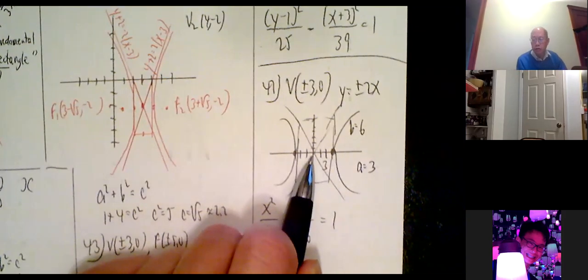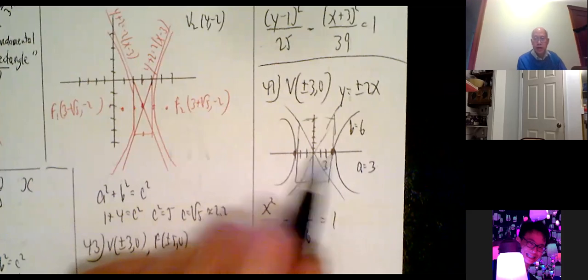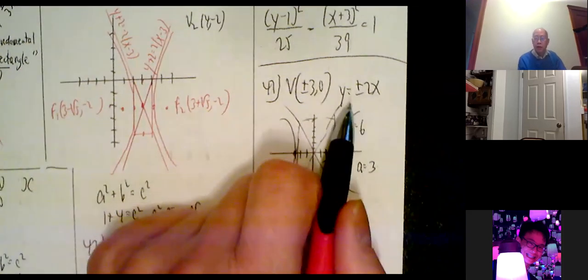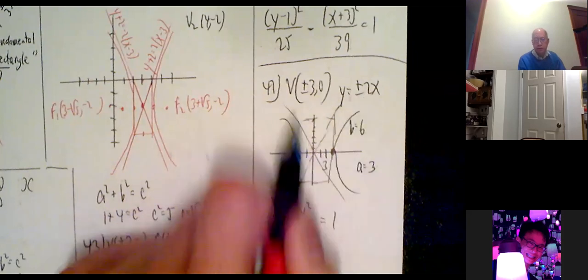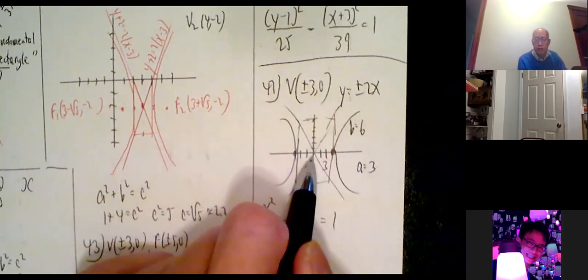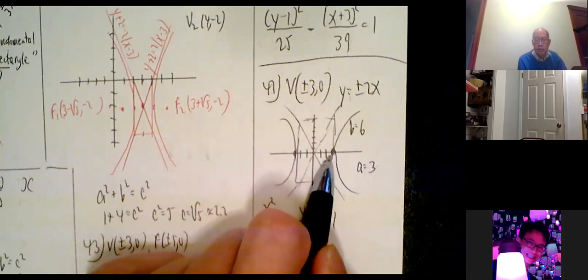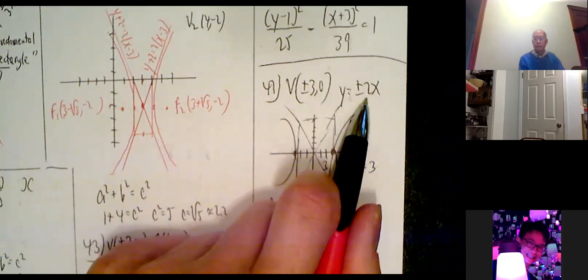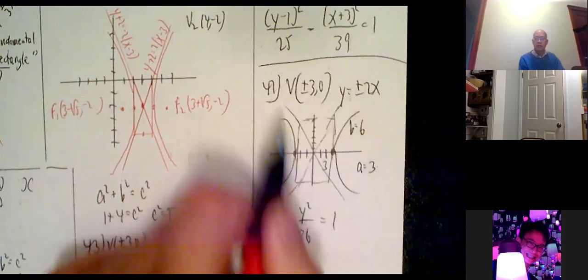That means we're centered at the origin. Nice. So I go 3 that way, 3 that way. A is 3. Well, the slope is 2 and negative 2. Rise over the run is 2, which means if I go 3 as a run, the rise ought to be 6, because 6 divided by 3 is 2, right? That means the graph looks crudely something like this.